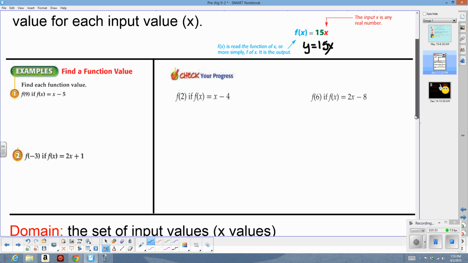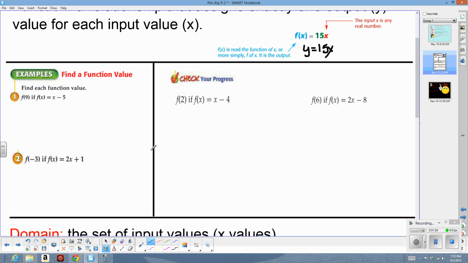In our first example, we're going to find function values. This really is just a plug and chug kind of problem. We are trying to find the function value f of 9 if f of x equals x minus 5. Basically, what we're doing here is we're taking 9 and we're going to plug it in for x.